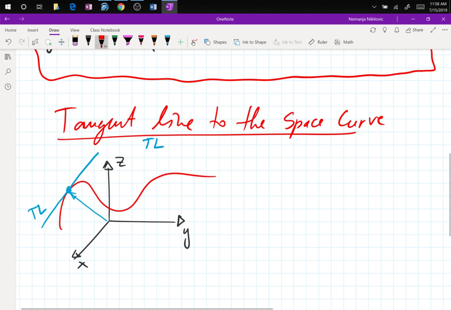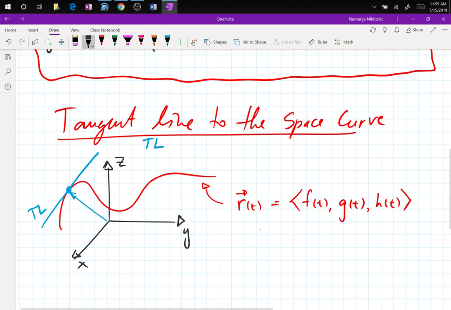The red line here is given by r of t, which is your f of t, g of t, h of t, or x, y, z, whatever you want. So the red line is given by that.